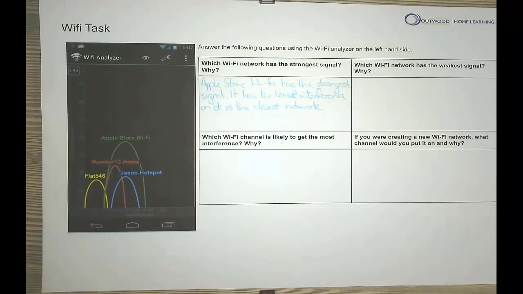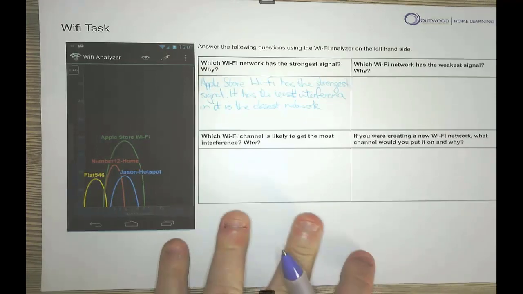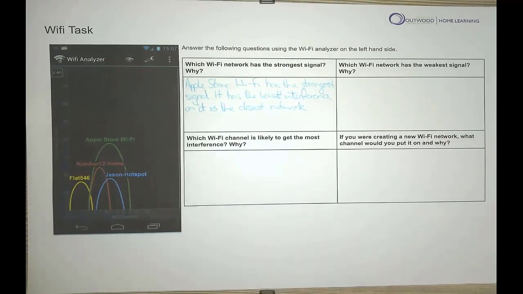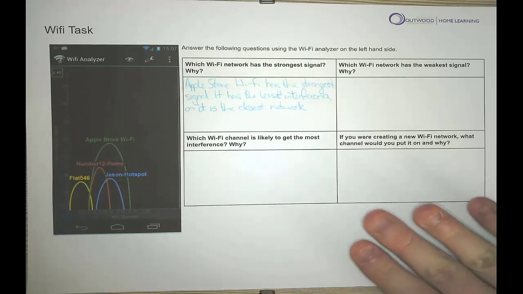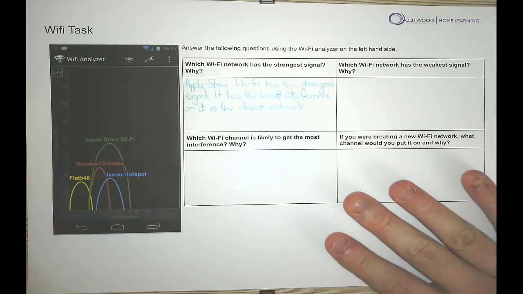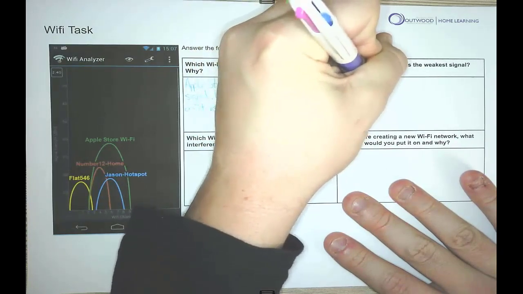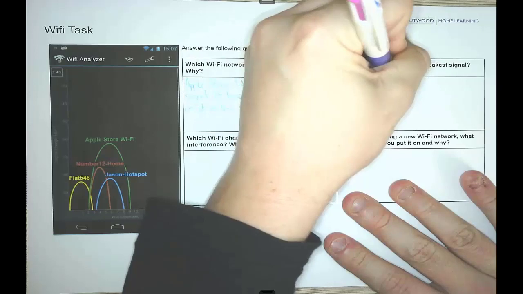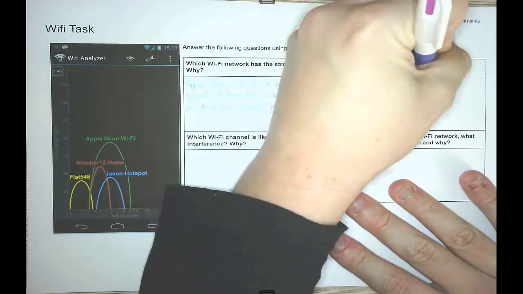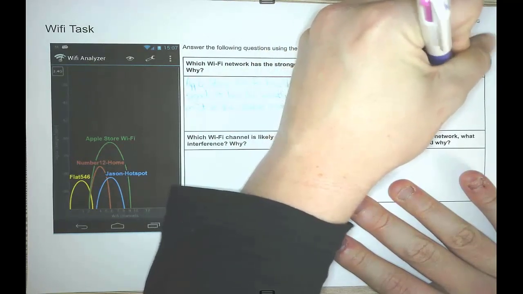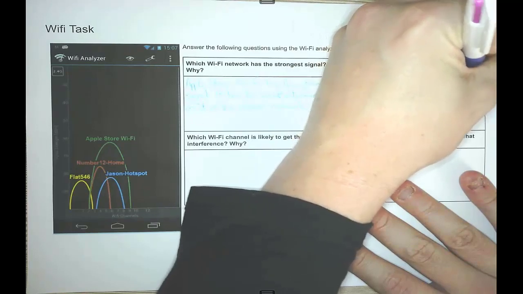Next thing to have a look at then, so which network has the weakest signal? Okay, so based on the logic before, you'd probably say just about the yellow network, flat 546. So flat 546 has the weakest signal strength.